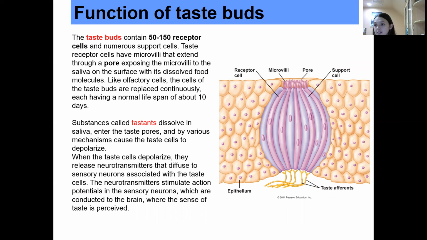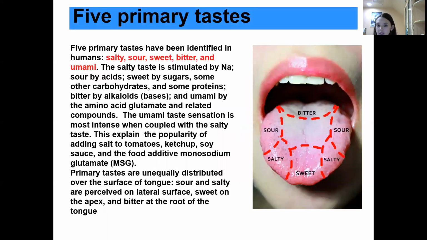Substances called tastants dissolved in the saliva enter the taste pores, and by various mechanisms cause the taste cells to depolarize. When the taste cells depolarize, they release neurotransmitters that diffuse to the sensory neurons associated with the taste cells. The neurotransmitters stimulate action potentials in the sensory neurons, which are conducted to the brain, where the sense of taste is perceived.